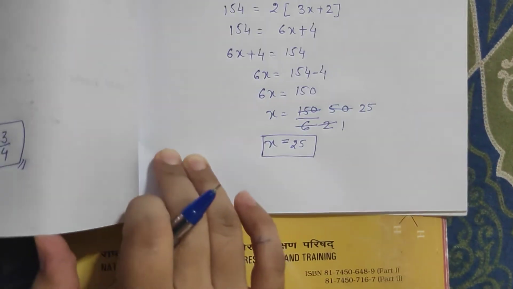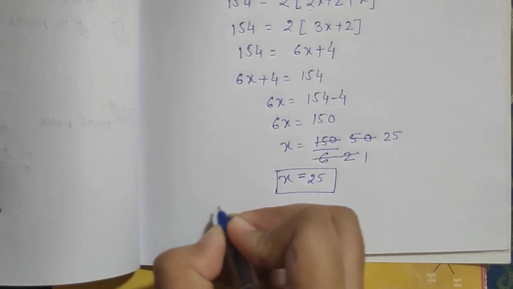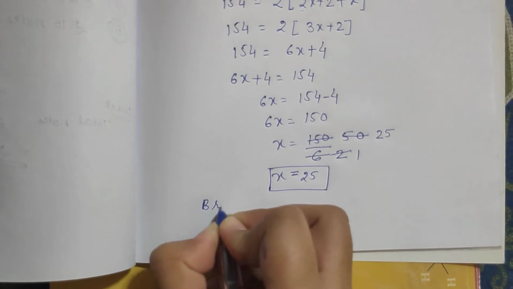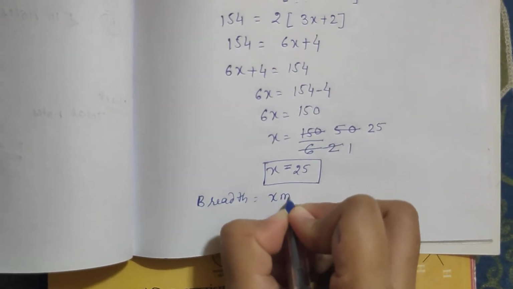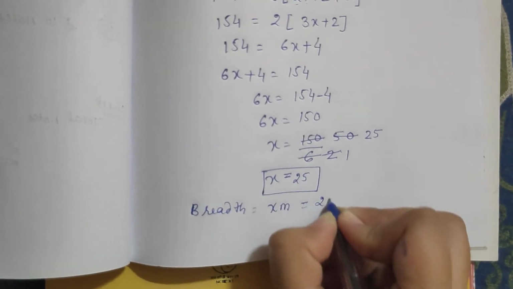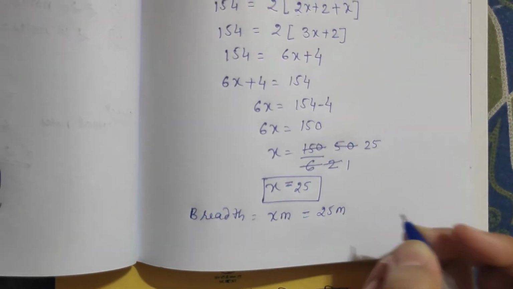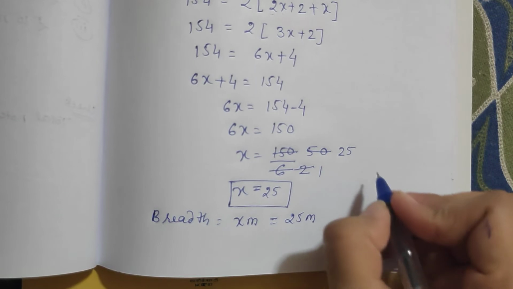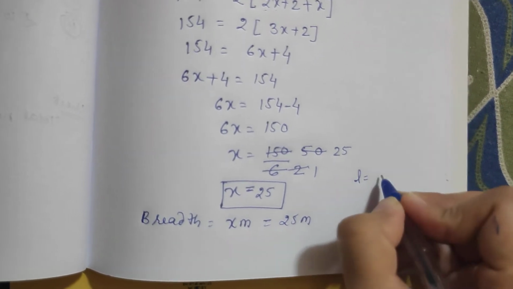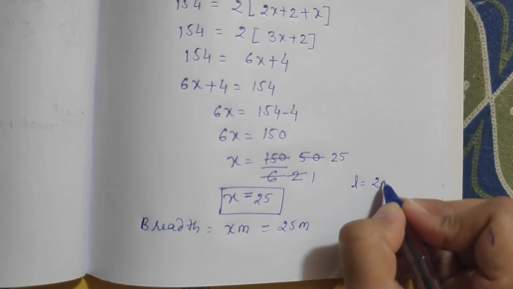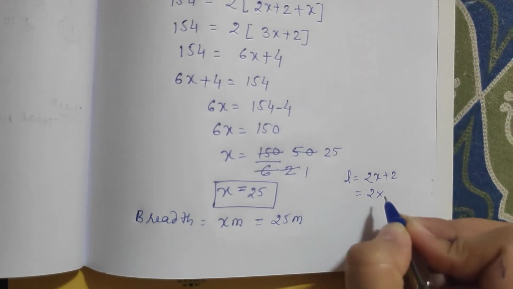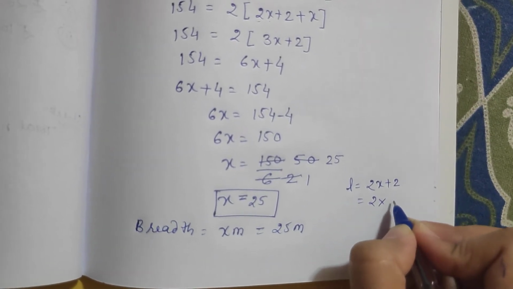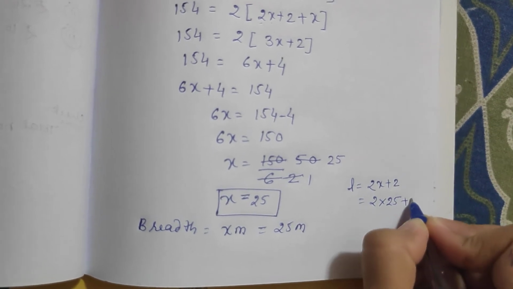Fine. So here we can say that breadth is equal to x meter, which we have taken, that is nothing but 25 meter. Now let us talk about what is length. We know that length we have taken is 2 times breadth plus 2, that is 2x plus 2. So it will be 2 into our breadth, which is 25, plus 2.